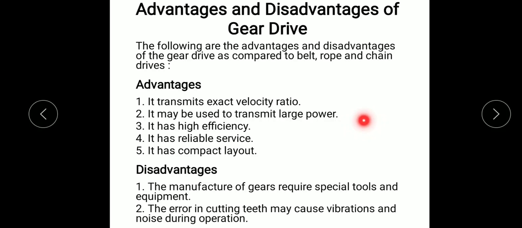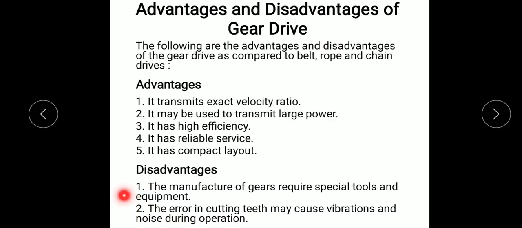Since this is a toothed mechanism, there will not be any loss of power, and you can even support high power in this drive mechanism compared to rope and belt mechanism. It has high efficiency, reliable service, and a compact layout.